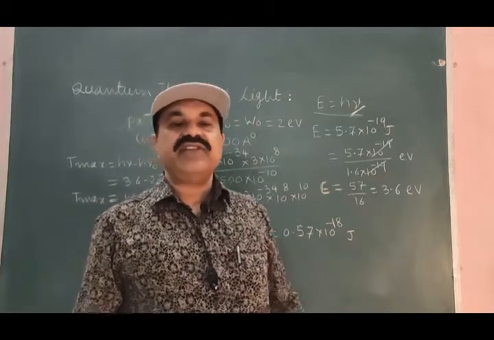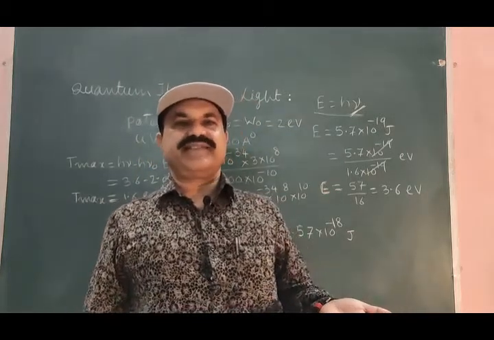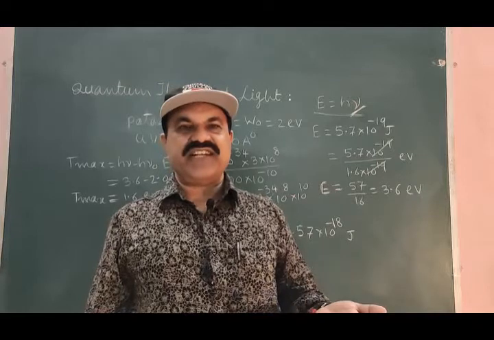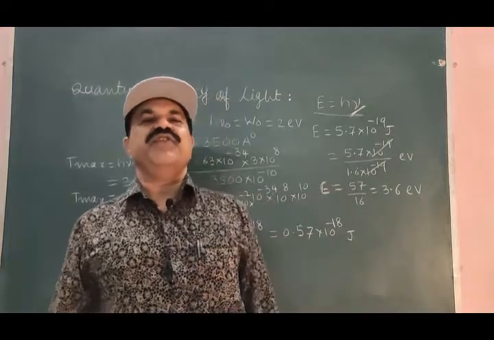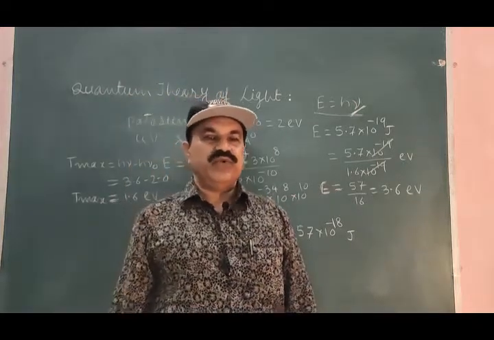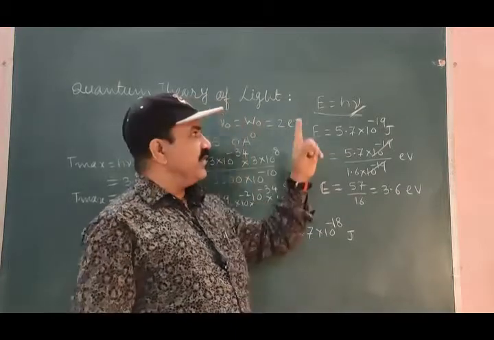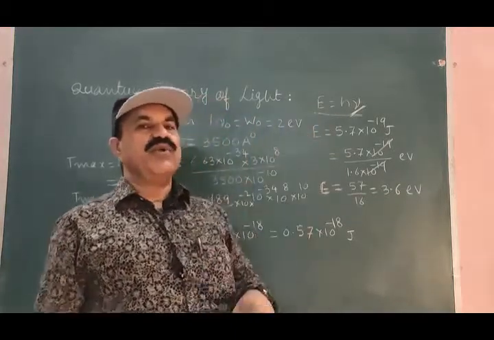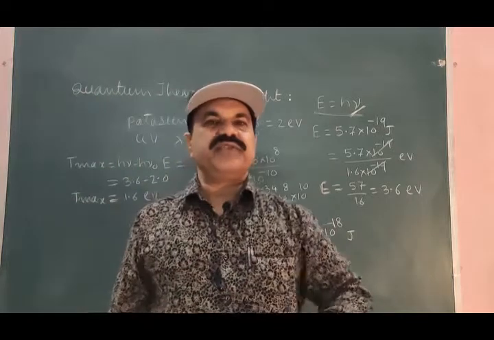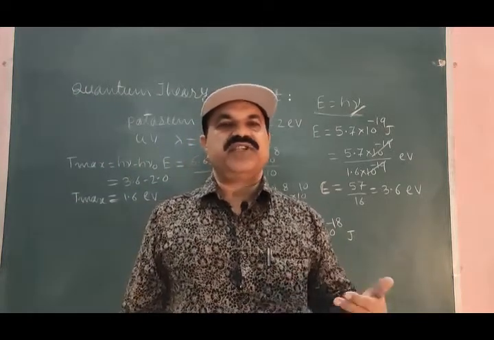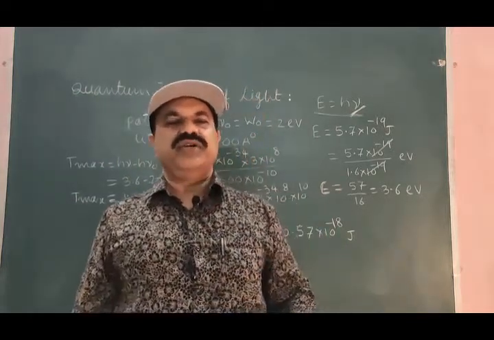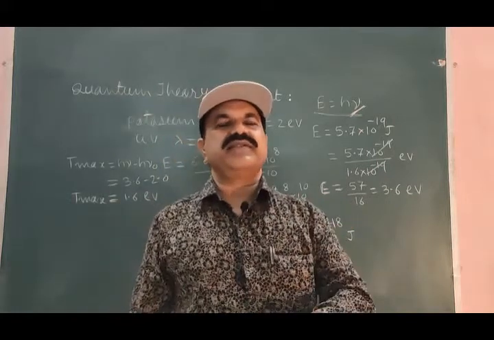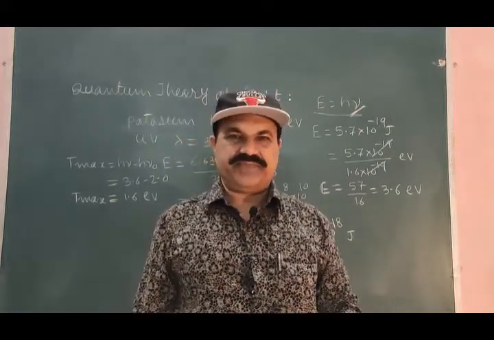Frequency is related with the wave nature of light. We must notice this while talking about what the nature of light should be, whether the nature of light is wave nature or particle nature.